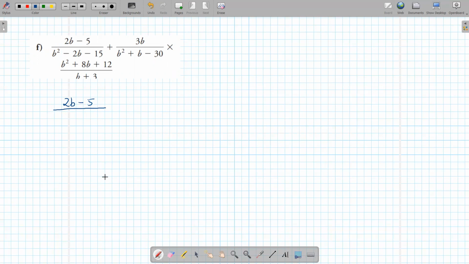So we have b squared minus 2b whatever, right? Any ideas? We're just trying to factor that denominator. The first one.